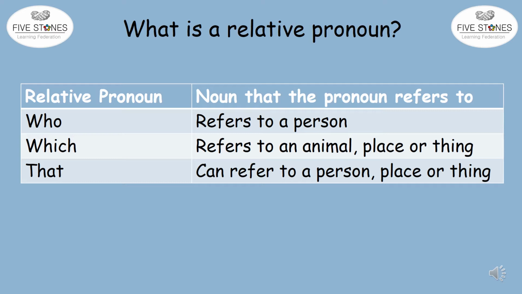The three relative pronouns we are going to concentrate on today are who, which, and that. Who refers to a person, which refers to an animal, place, or thing, and that can refer to a person, place, or thing.